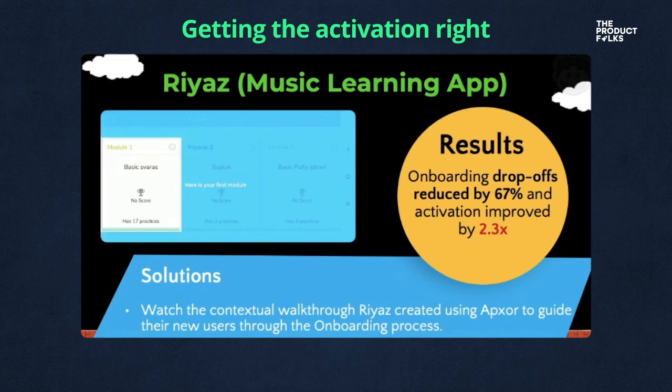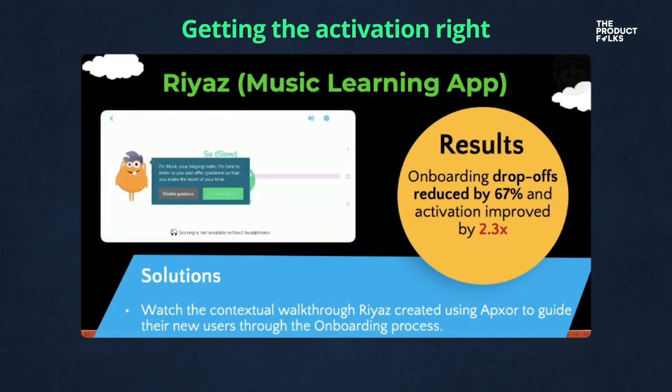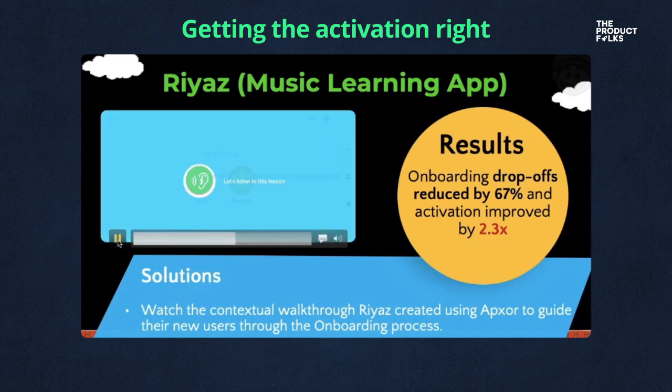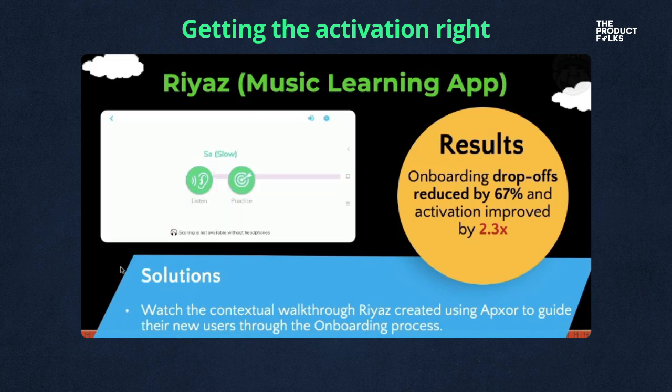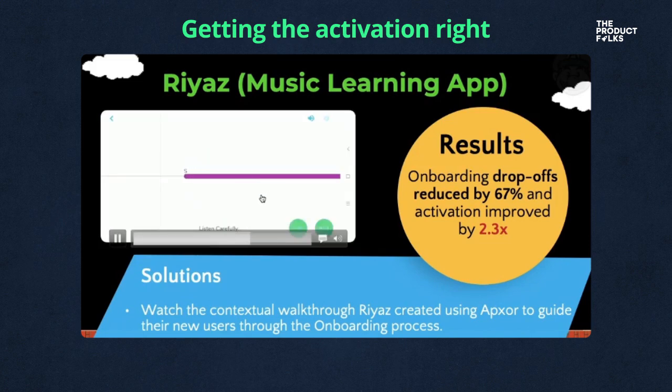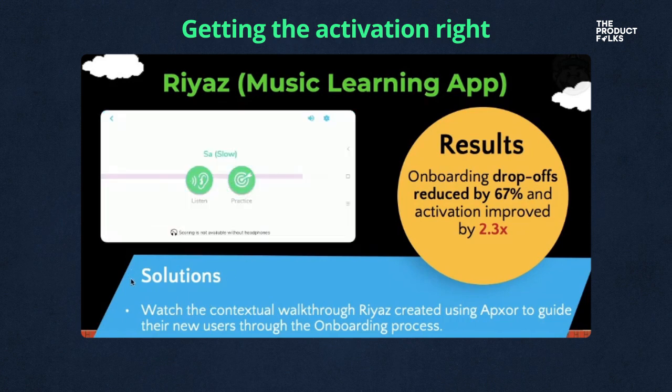Plus there is gamification involved, where you take the first lesson in the first module, go to the next section, and there is someone telling them what the next step is, and so on. So you would see different steps being used here to nudge the user and guide him to the next stage.